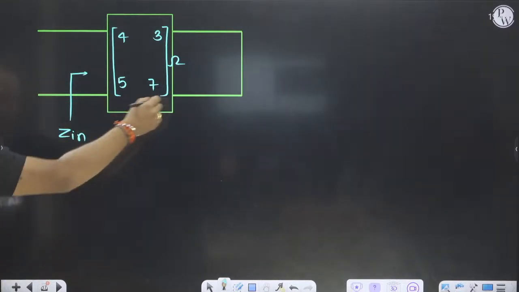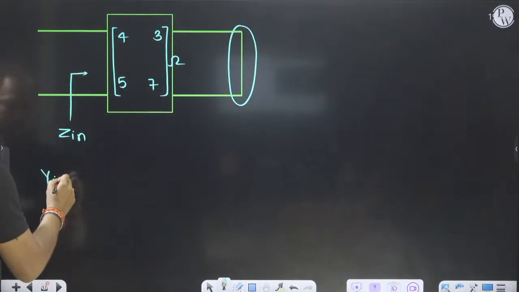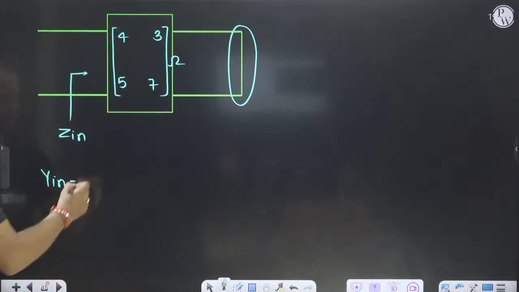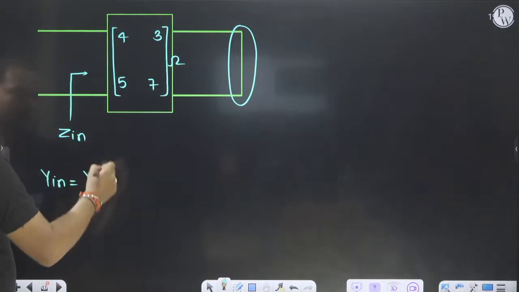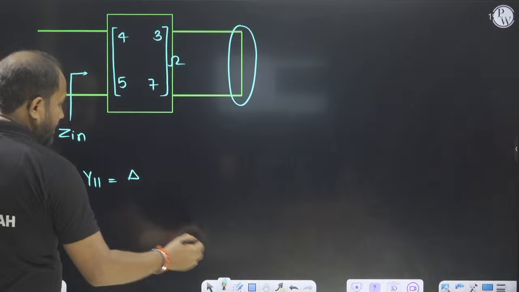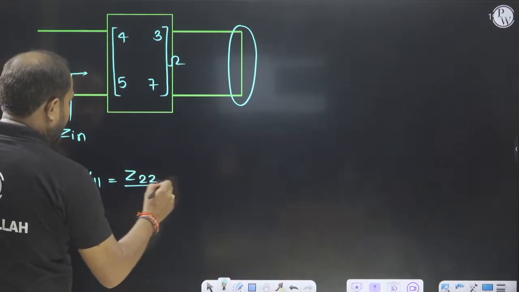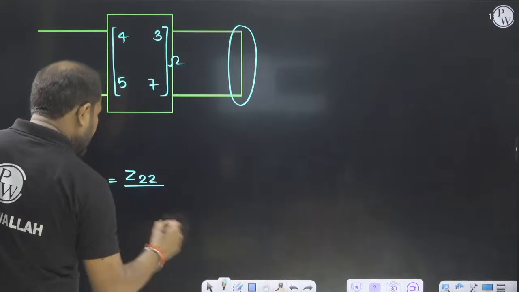So Zin is short circuit. So first of all we have to understand Y in, and it is first port, so Y11, and it will be written as Z22 upon delta Z. Easy.